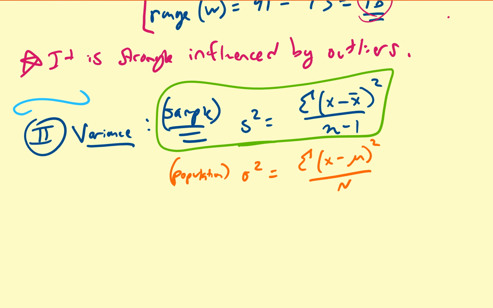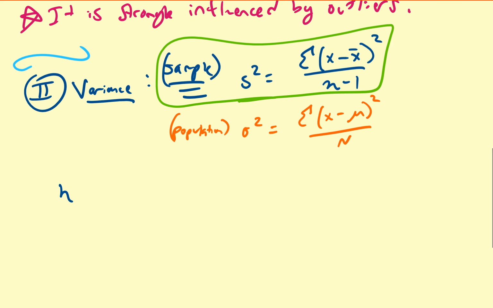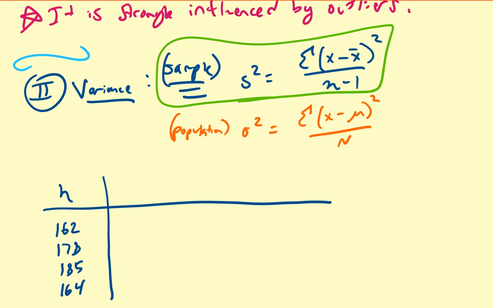So let us start calculating the variance for our heights. So our height values are 162, 178, 185, and 164. I hope that all of you are able to calculate by now that the average height value is going to be equal to 162 plus 178 plus 185 plus 164, all divided by 4, and that's going to come out to about 172.25 centimeters.